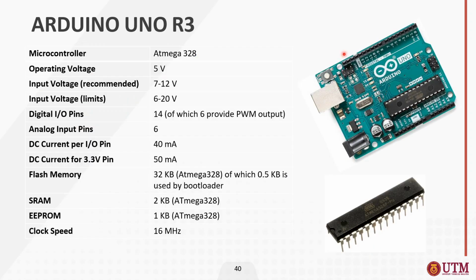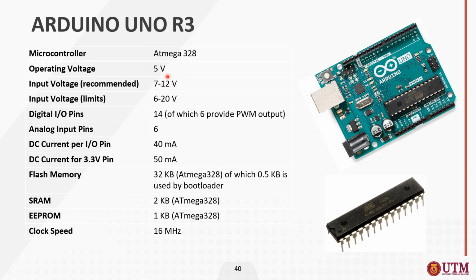All right, so for this course, we are using the Arduino Uno R3. This Arduino is based on the ATmega328, so it operates at 5 volts. You can operate the Arduino when connected to an input voltage from 7 to 12 volts.